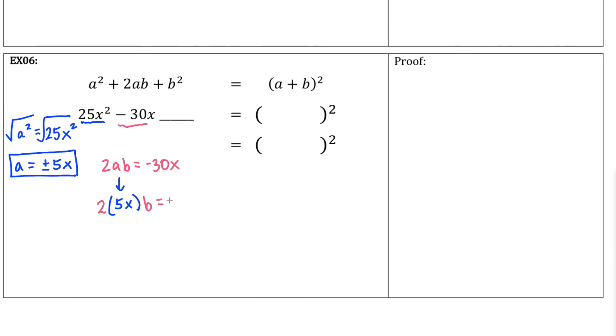So 2 times 5x times b is 30x. That looks a little more like a b. That'll work. 2 times 5x is 10x. And so we get 10xb equals 30x.